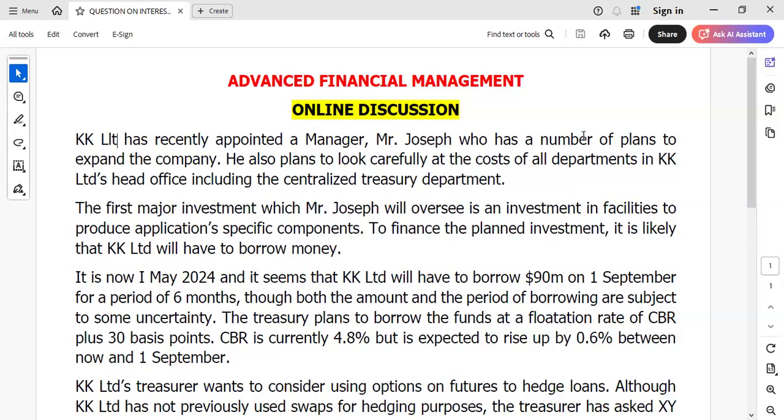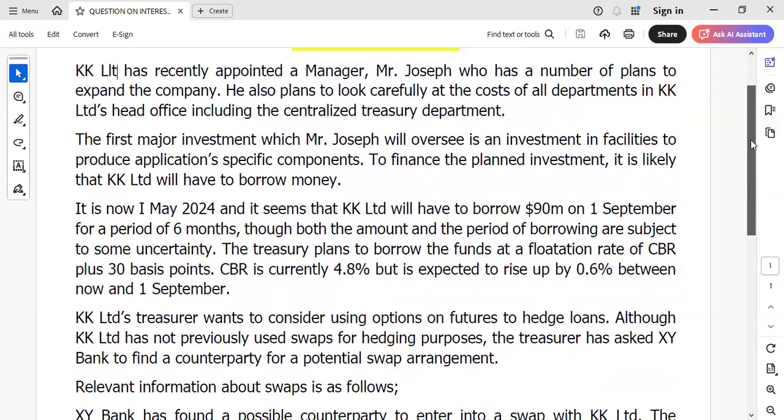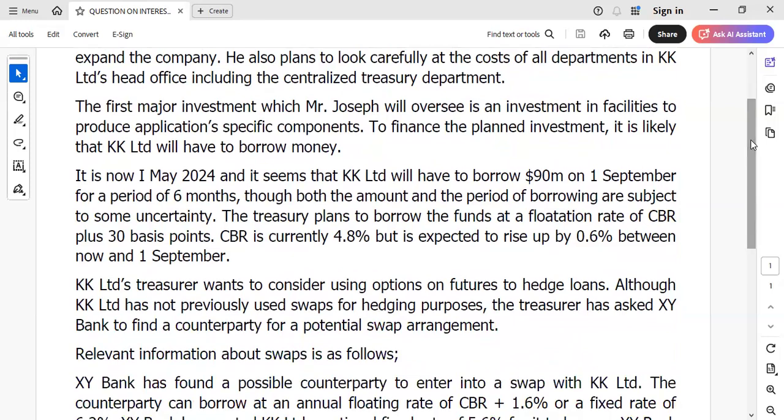To finance the planned investment, it is likely that KK Limited will have to borrow money. Are you seeing that? You have to borrow money. Whenever you borrow money, there is always that risk, the interest. It is now 1st May 2024, and it seems that KK Limited will have to borrow $90 million on 1st September for a period of 6 months, though both the amount and the period of borrowing are subject to some uncertainty.